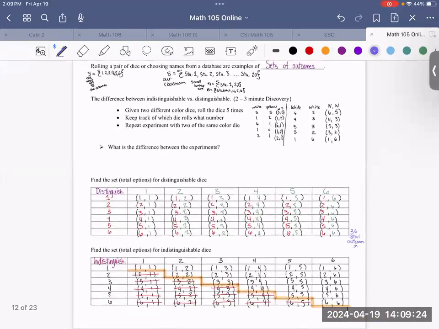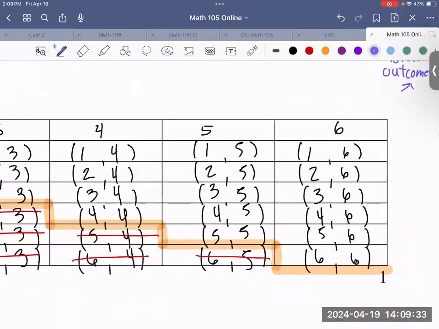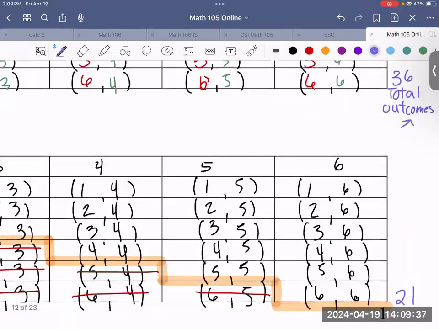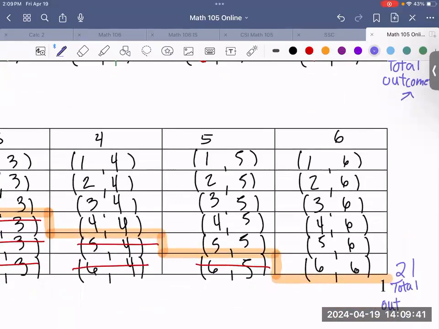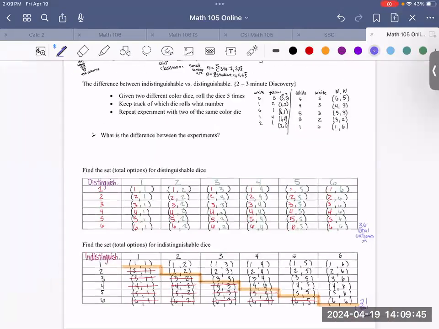Whereas your indistinguishable, if we have something that's already been repeated, we're going to get that out of there. So we're left with 21 different options. So total options or outcomes. So hopefully that makes sense. And we can move on.